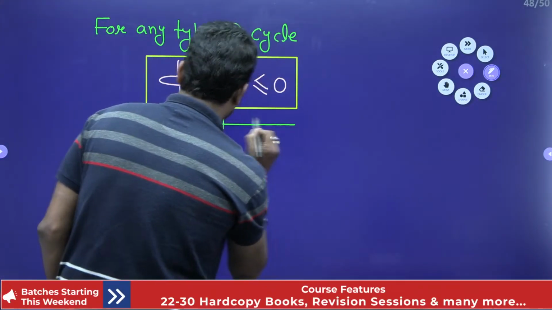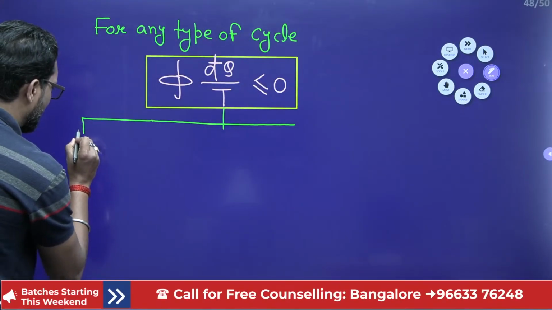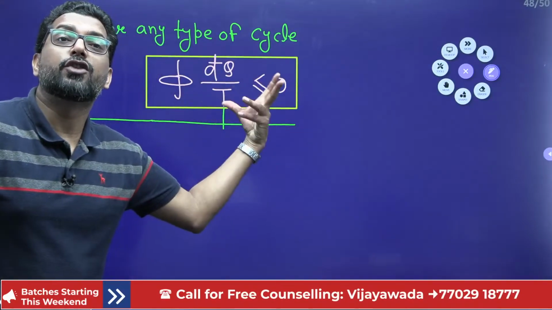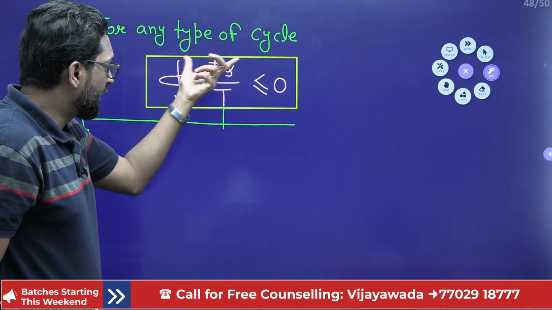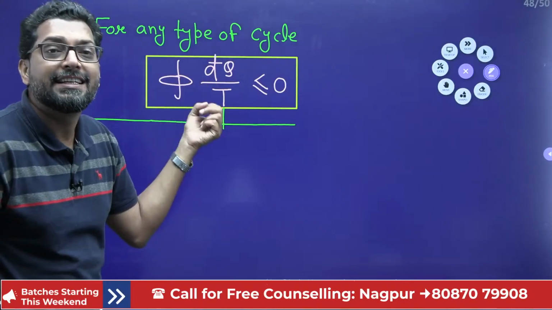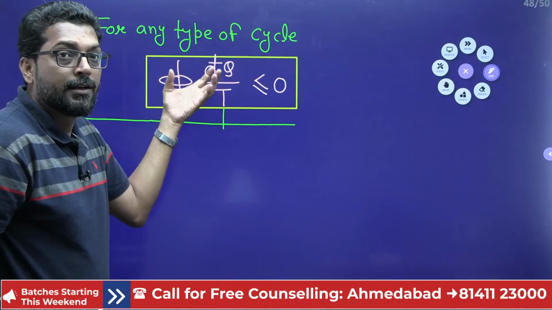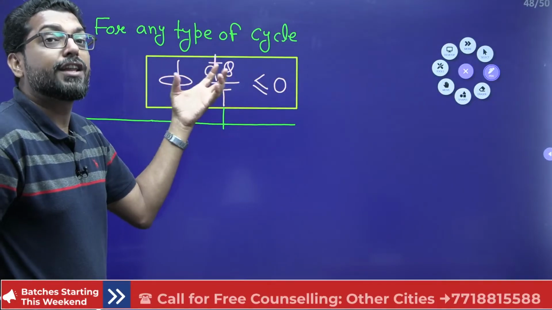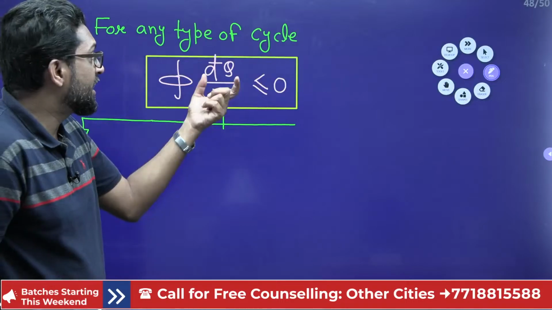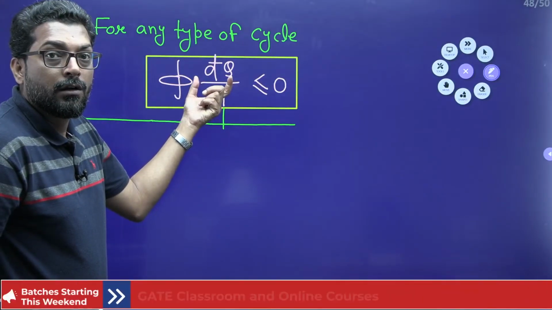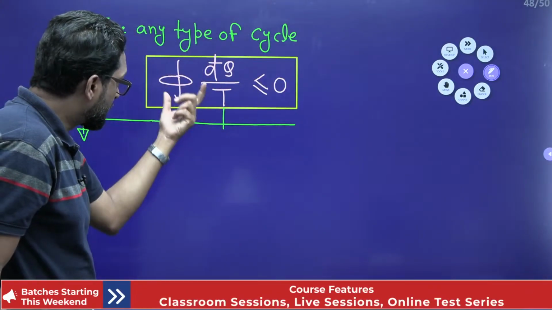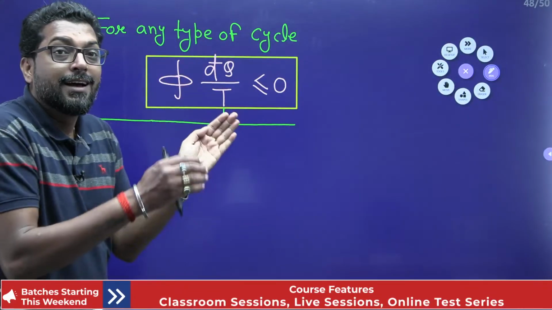That means for a reversible cycle, either power producing or power absorbing, this parameter dq by t is measured, and it gives very much information about the process.